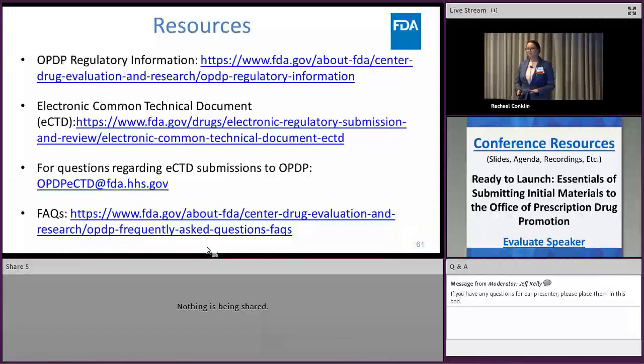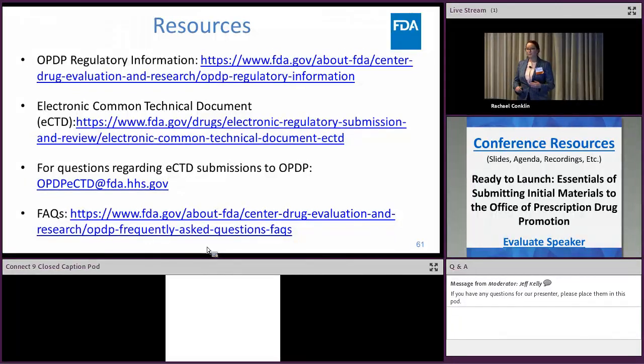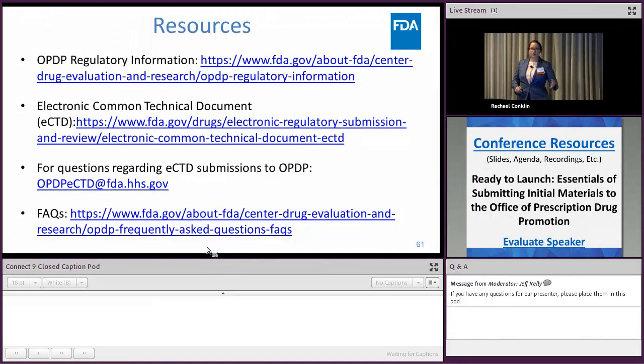When I first started at OPDP, all of these submissions were paper, and now I would say a very good portion of the sponsors I work with regularly submit electronically, and it's fantastic. The submissions come in immediately, so there's not really a delay in us getting the submissions from the document room or having them scanned in, having them mailed to us. So it sort of cuts out that delay in us being able to look at the materials.